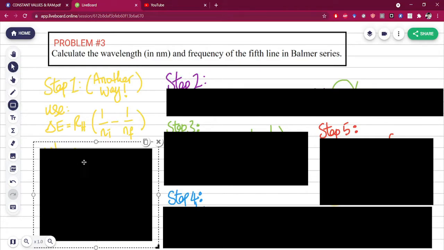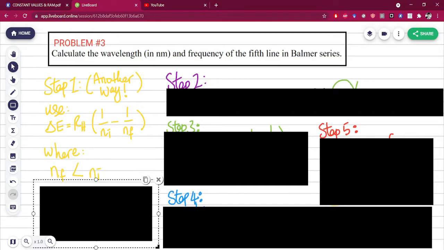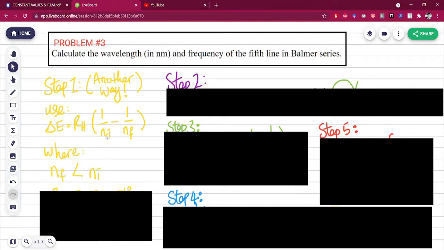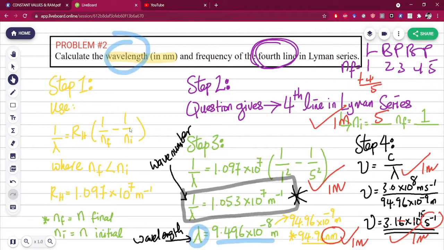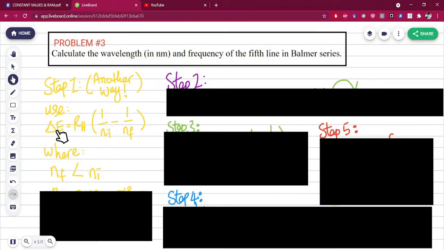It's the same thing, but this time, you need to make sure that the n initial comes first, then the n final. So that's the difference over here. For 1 over lambda, it's going to be n final, then n initial. But for the delta E formula, it will be n initial first, then n final.